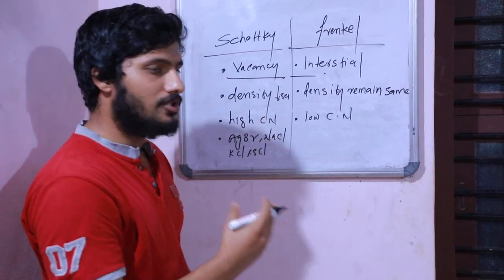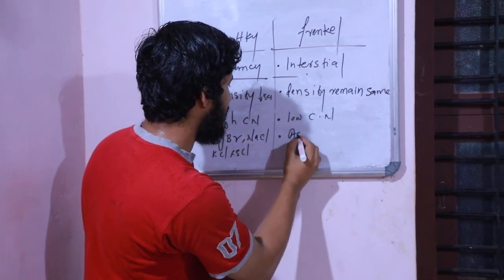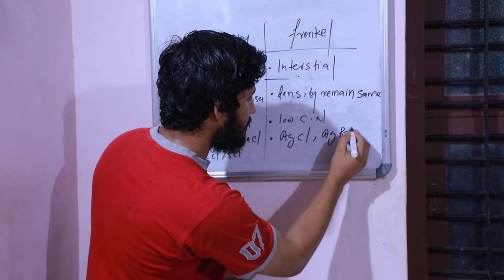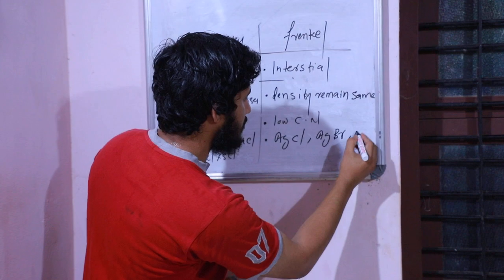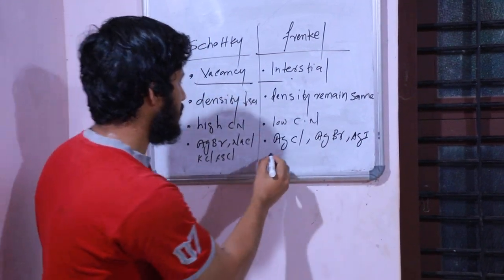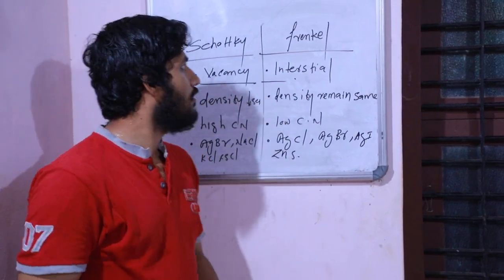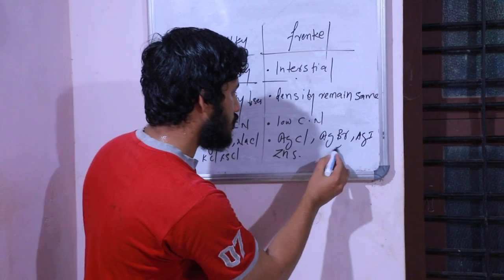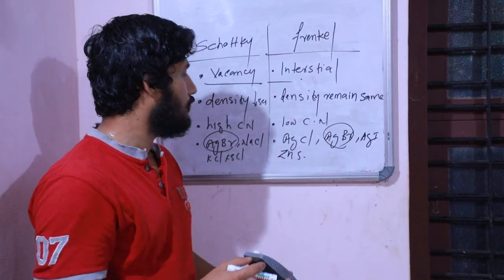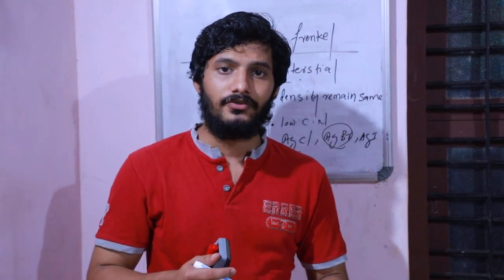The Frenkel defect is shown by silver chloride, silver bromide, silver iodide and zinc sulfide. Silver bromide shows both the Schottky defect and the Frenkel defect.